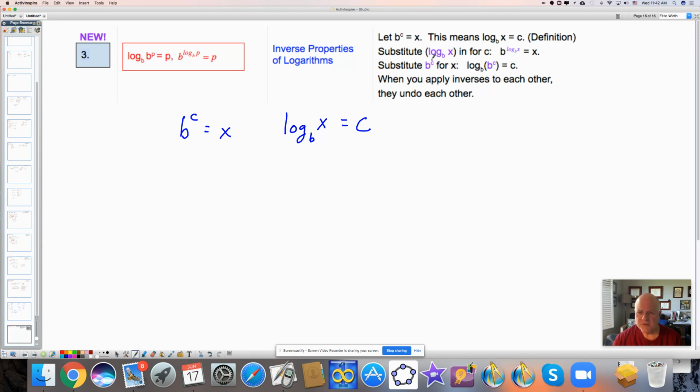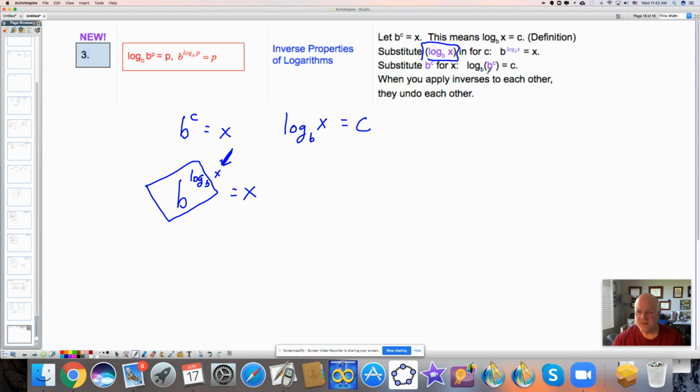So I'm going to substitute this log value in for c. Here, b to the log base b of x is equal to x. And that's what I was trying to show before. This is not equal to 1, but this is an inverse operation. So it's equal to just the x.